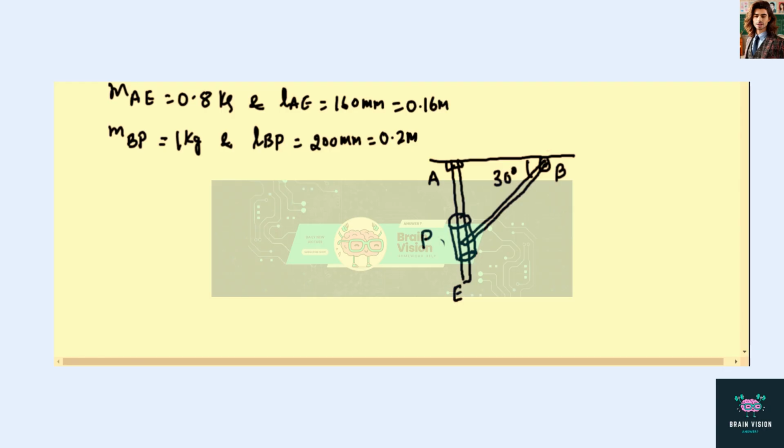The friction between the block P and AE is negligible. The motion of the system is controlled by applying the couple M on rod AE.